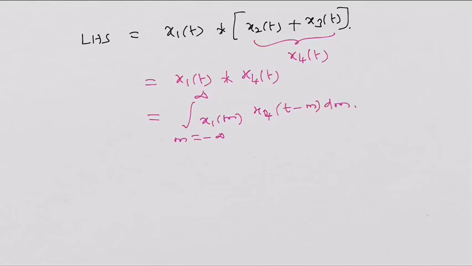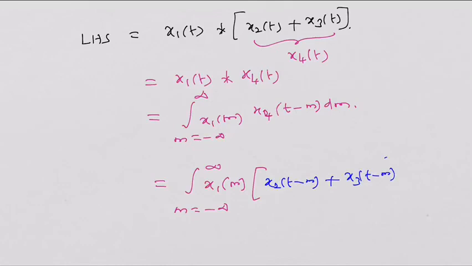And x4 of t minus m is simply x2 of t minus m plus x3 of t minus m, where t is replaced by t minus m, integrated with respect to m.